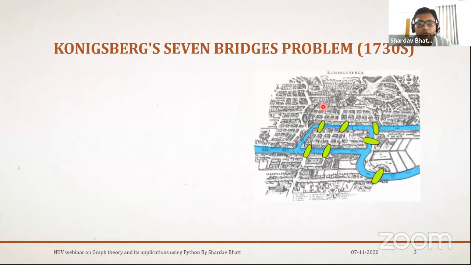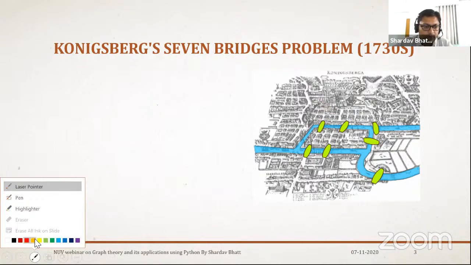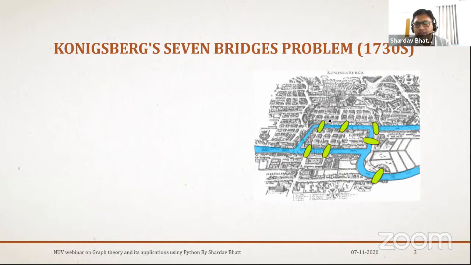You cannot use any bridge twice. You cannot end up in another region. You have to come back to the original place. In those days there were no computers and maps were also not clearly available, so people used to actually walk on these roads and try whether it was possible or not, and somehow it was not possible.